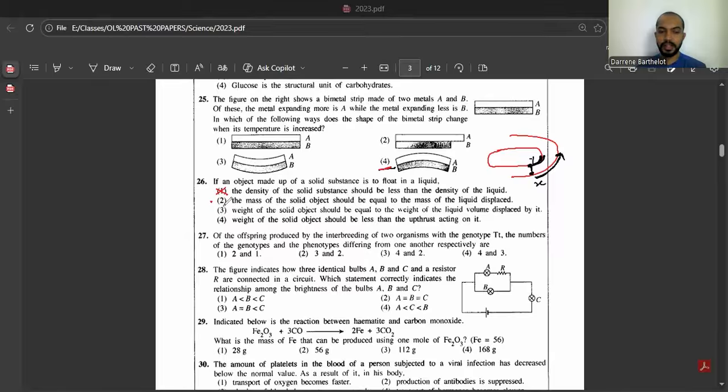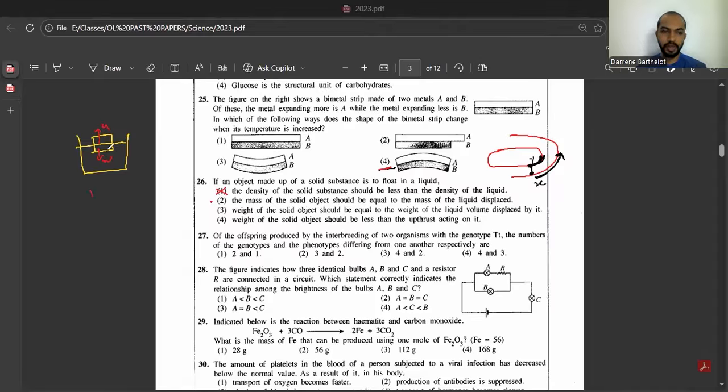Yes, that's correct. If you remember Archimedes' principle, when an object is completely or partially submerged in a fluid, the upthrust acting on it is equal to the weight of the displaced fluid, right? So according to Archimedes, upthrust should be equal to the weight of the displaced fluid.